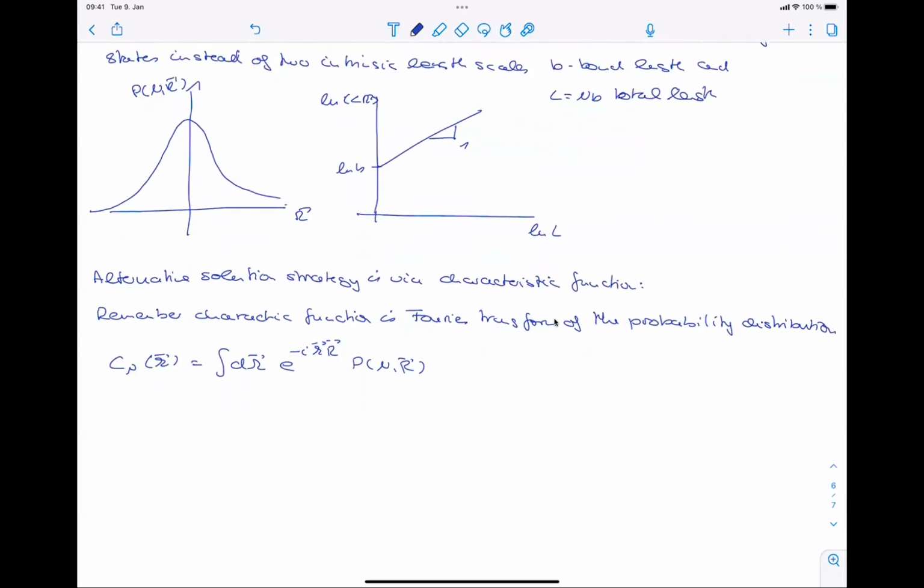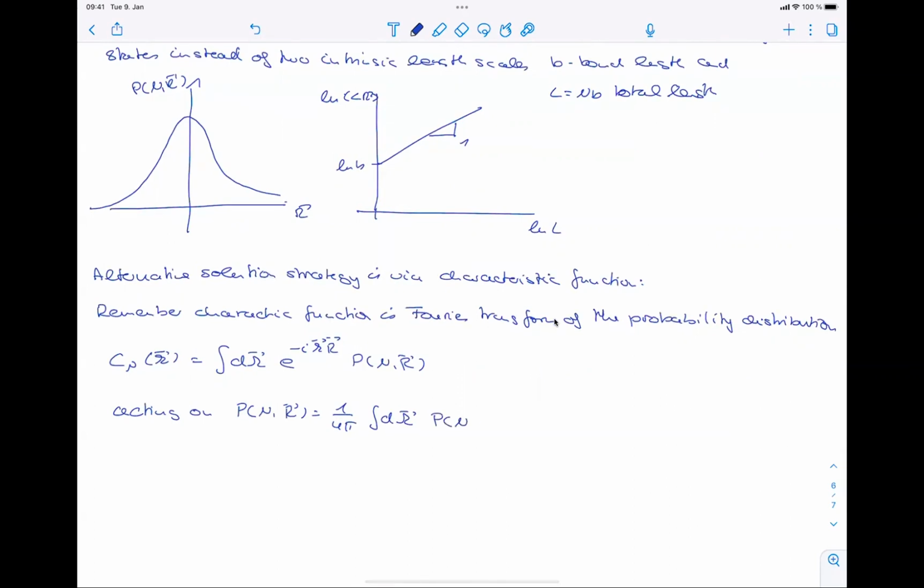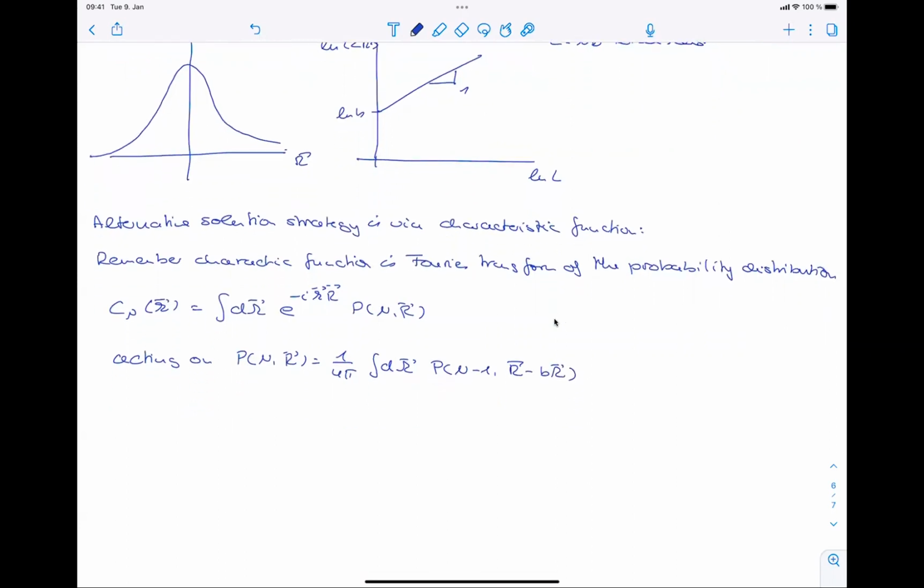And so if we have this Fourier transform now acting on our previous equation where we wrote Pn of r as a function of, normalization missing, the integral over the unit sphere surface of the probability of n minus 1 being at r minus b omega, I want to change the nomenclature just a tad by making this n, and then this becomes n plus 1.